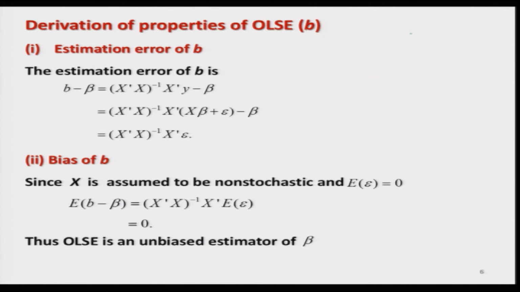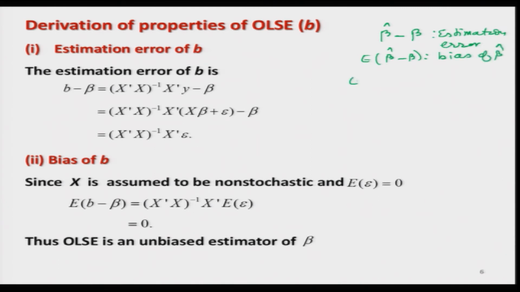suppose we have a parameter beta which is estimated by beta hat. So, we try to find the difference. This is called the estimation error. And then we try to take its expectation. This will give us an idea about the bias of beta hat.